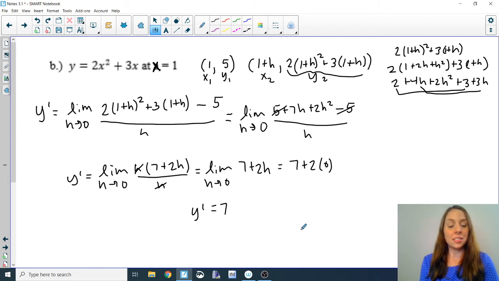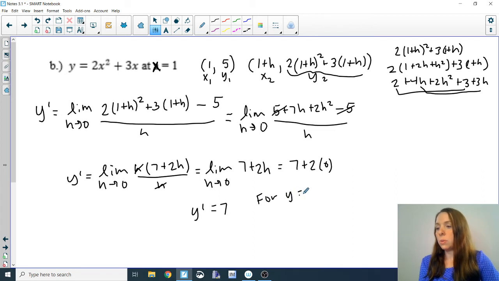All right, so this is where I love to be in person with my students who are just learning this for the first time, because we say for y equals 2x squared plus 3x at x equals 1, y prime is equal to 7.